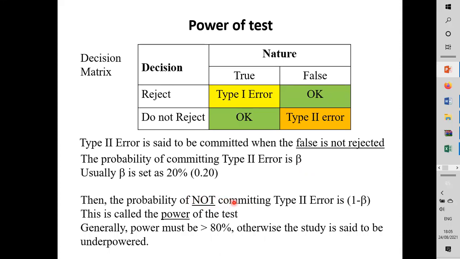We emphasize on this: beta is the probability of committing error, so not committing error must be 1 minus beta, right? Beta ranges 0 to 1. So beta is error. 1 minus beta means no error, right?